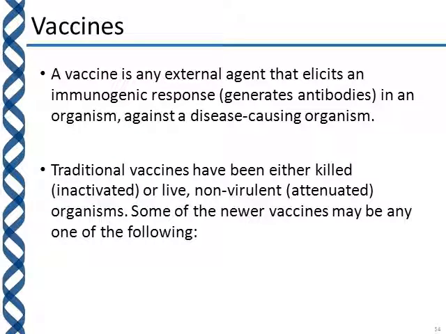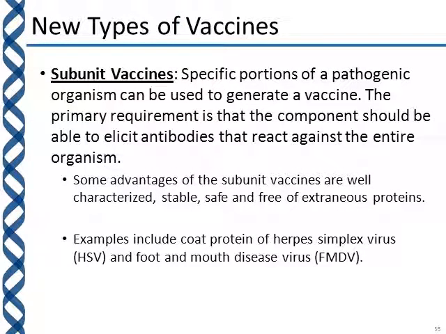Some of the newer vaccines may be one of the following. Subunit vaccines, where specific portions of a pathogenic organism can be used to generate a vaccine. The primary requirement is that the component should be able to elicit antibodies that react against the entire organism.